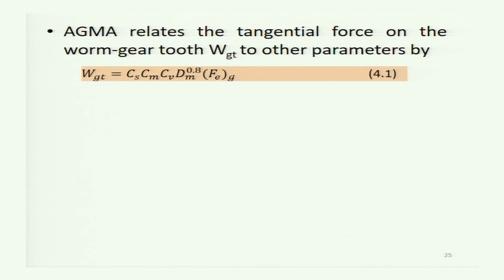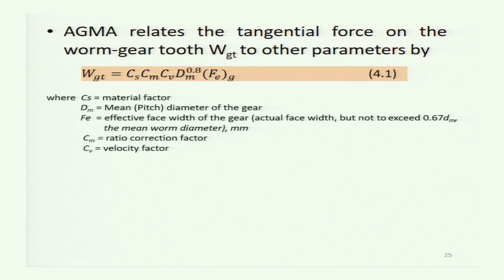Let us see what the terms are, where CS is the material factor, dm is the mean pitch diameter of the gear, and Fe is the effective face width of the gear, the actual face width but not to exceed 0.67 dm, the mean worm diameter in mm. Cm is the ratio correction factor and Cv is the velocity factor.